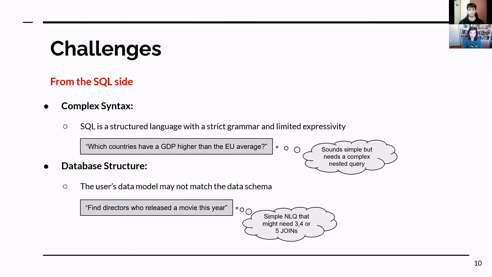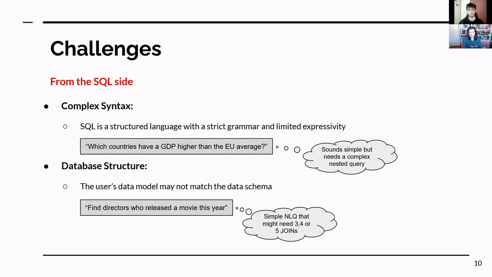The other challenge here is that when we say something in natural language, it may be very simple to express. For example, give me the actor that has the most movies, but the equivalent SQL query may be quite complex. And the other challenge, of course, comes from the database perspective.